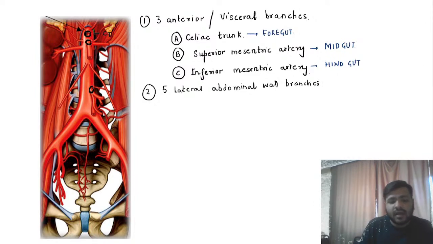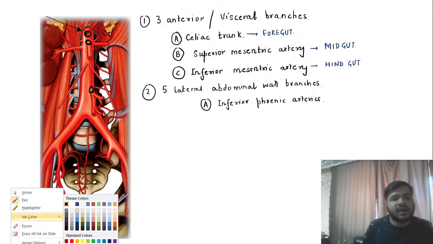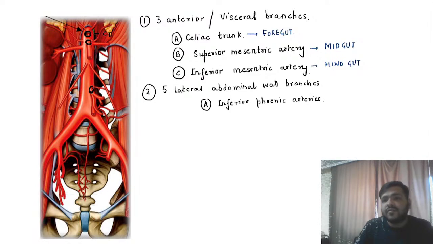And remember, out of this, we have the inferior phrenic arteries, right? And remember that inferior phrenic arteries are basically the first branch of abdominal aorta.